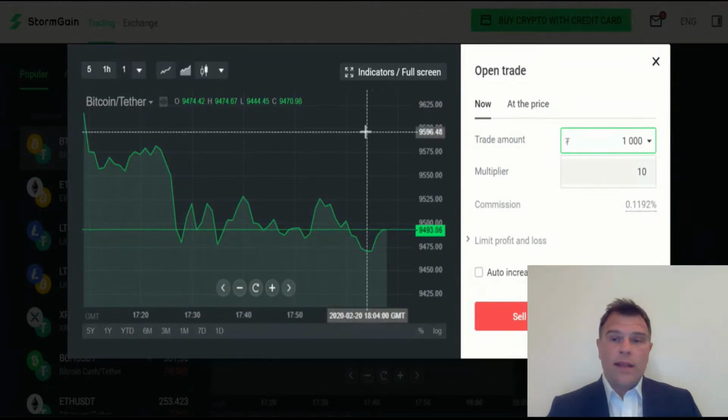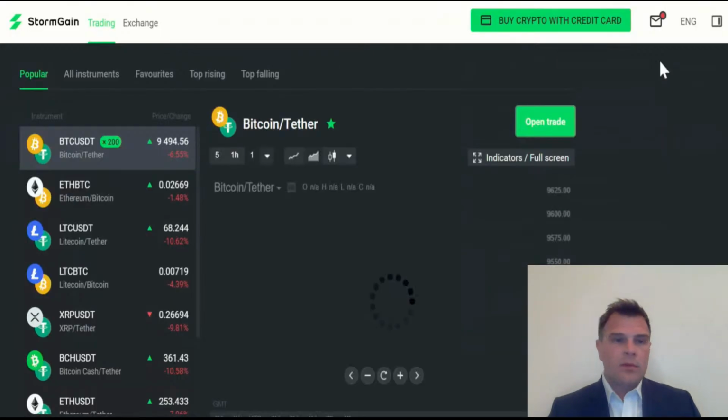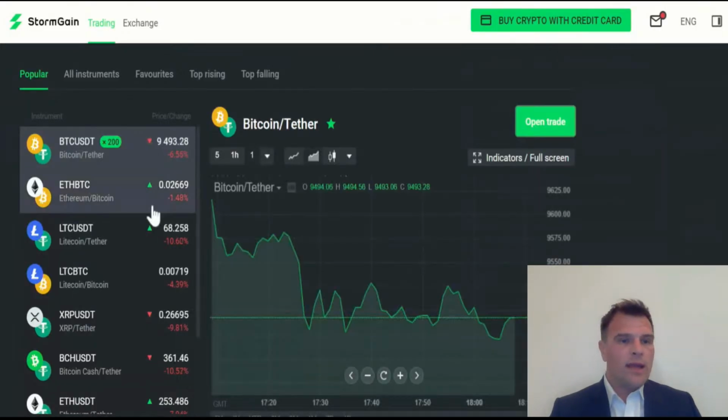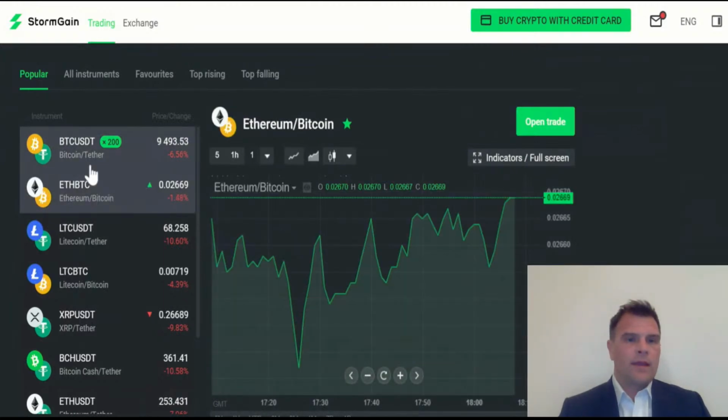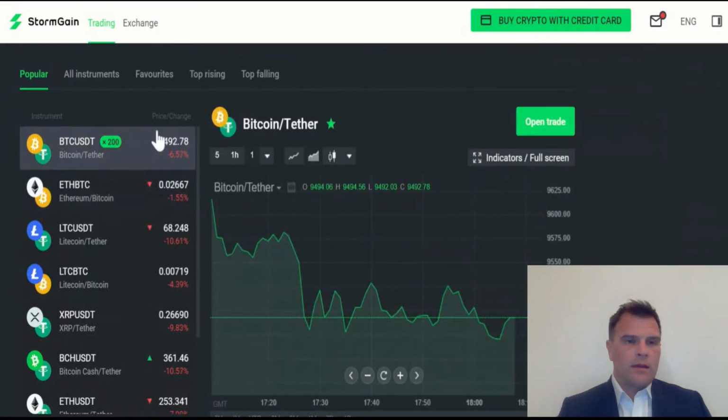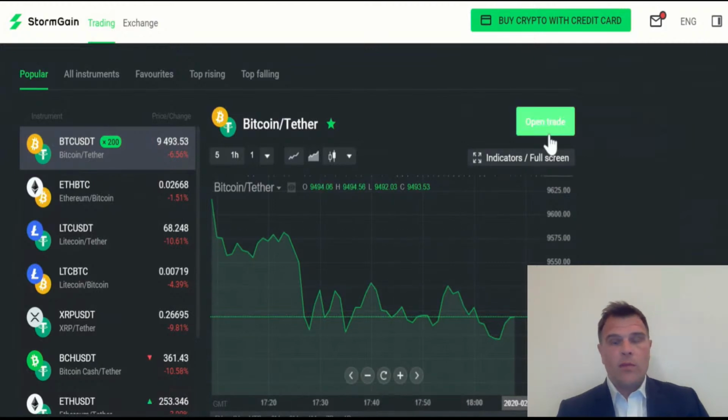Let's open a simpler trade. Let's go to what everybody hears about, the Bitcoin against Tether. Now, if we go in, all we have to do is open a trade. We double click, you'll get this chart here, and we open the trade.